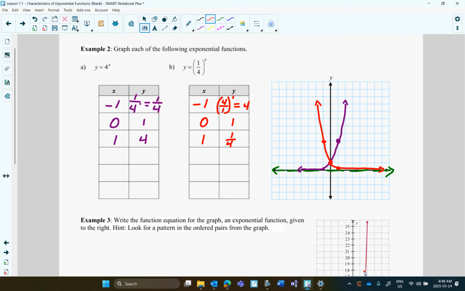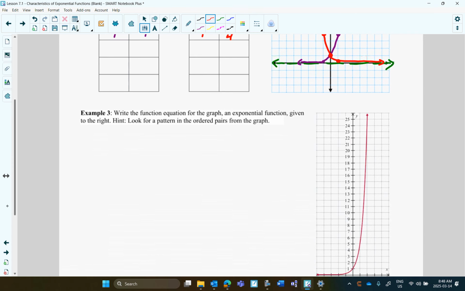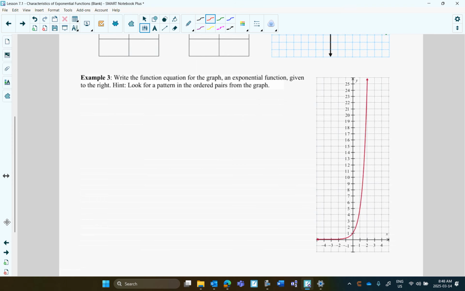Okay, let's just look at a couple more examples. Here's one that's graphed for you. What do you think the function is? Well, it's going to be y equals something to the x. We know 0, 1 is a point.